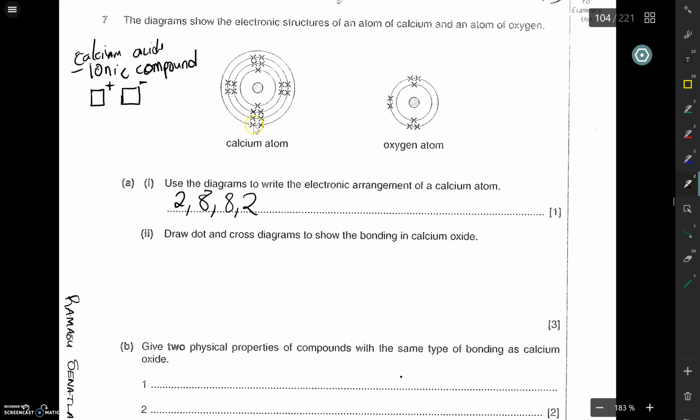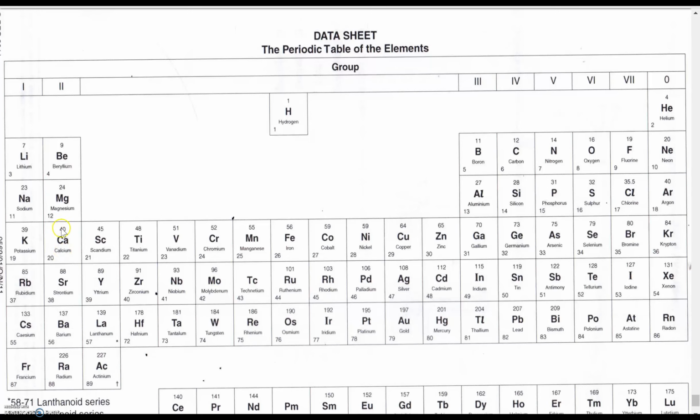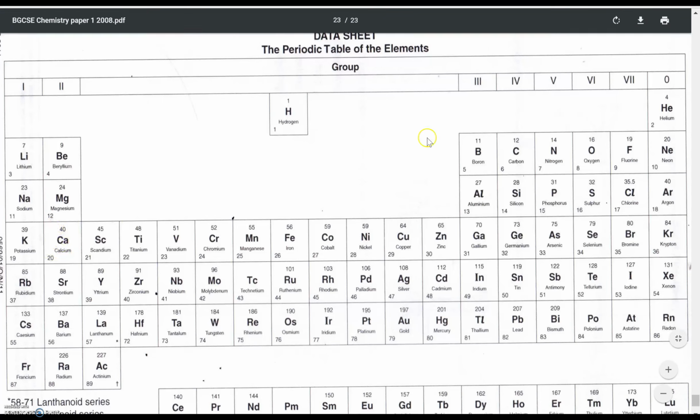So what happens is, let me show you a periodic table. We have calcium here and oxygen on this side. Calcium is in group 2. The columns represent groups, and the rows represent periods.